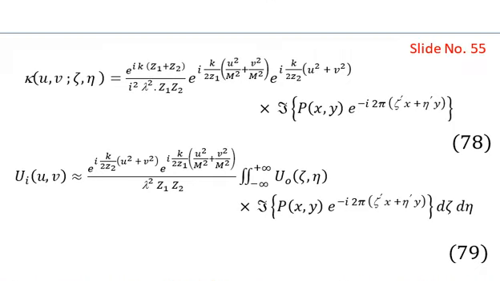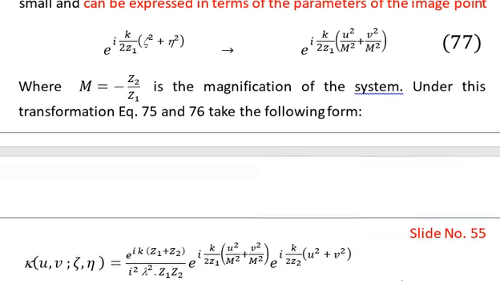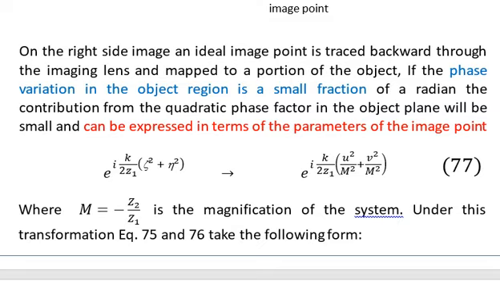So you will see that in equation number 78 and 79 the quadratic phase factor associated with the object plane is no more present under the condition that we have described in this paragraph.